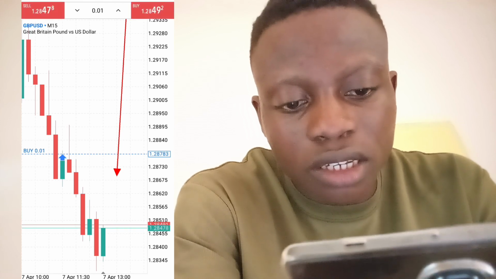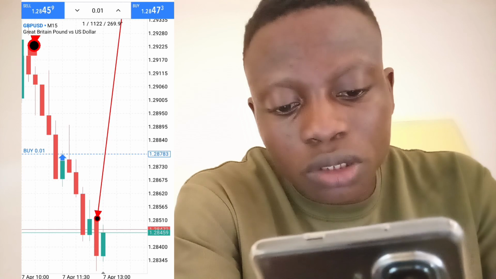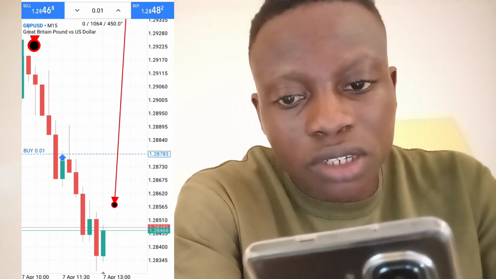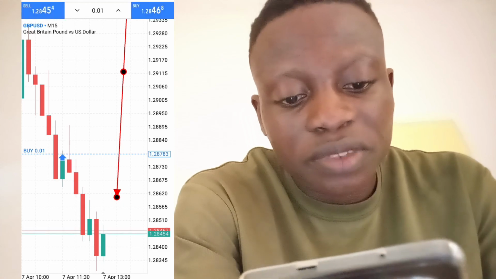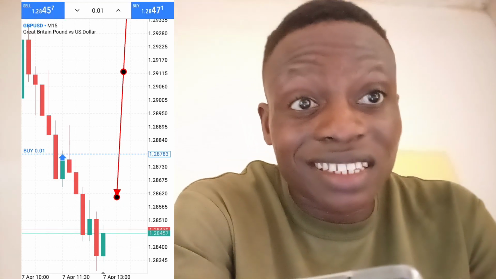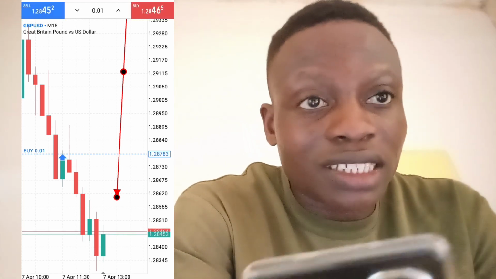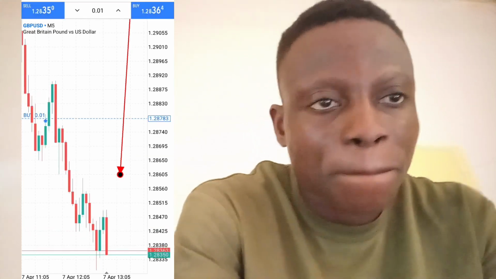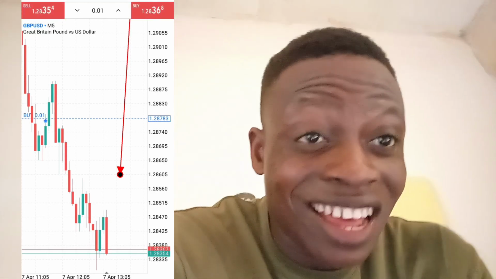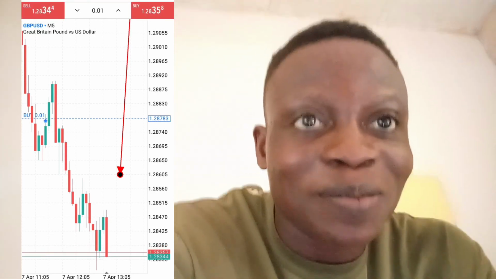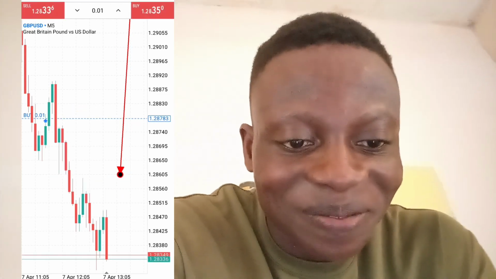This 15-minute candlestick, if it can close and engulf this bearish candle, then we have hope. But if not, the trade is gone. So let's wait and see. Not that I want to say anything negative about my trade, but it's like there is no hope on this trade again.